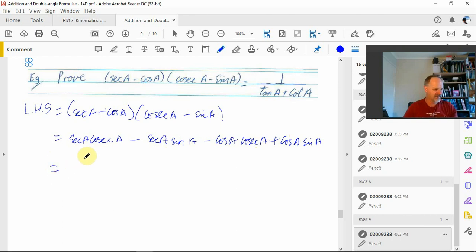So we need to probably do our reciprocals. So sec's 1 on cos times 1 on sine, minus 1 on sine times sine.